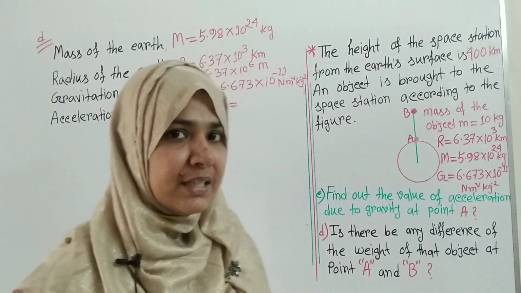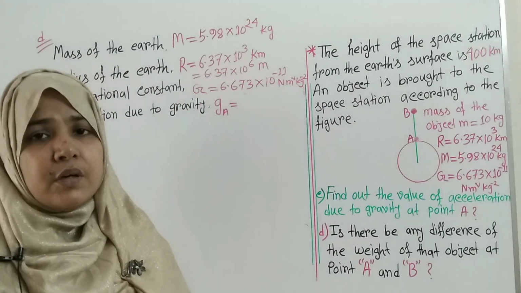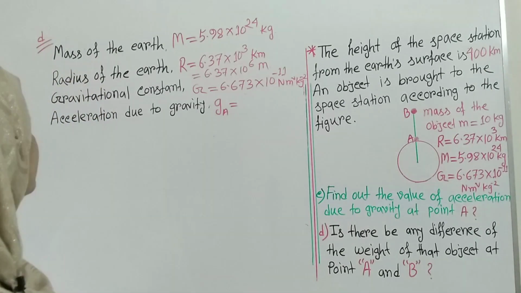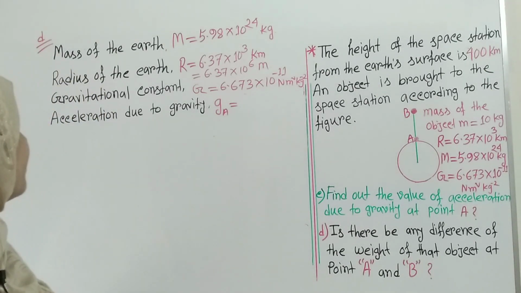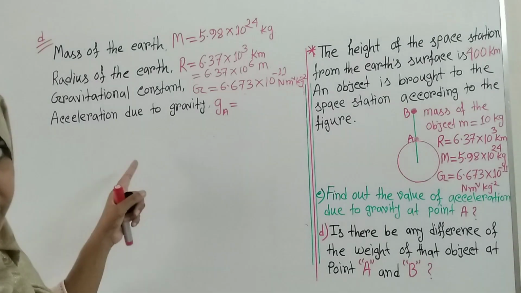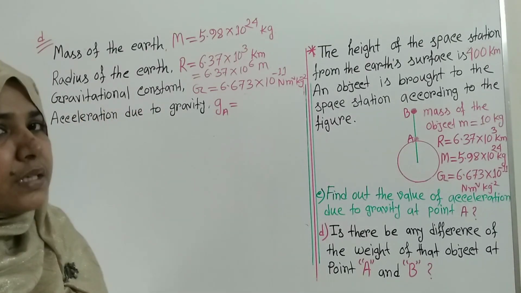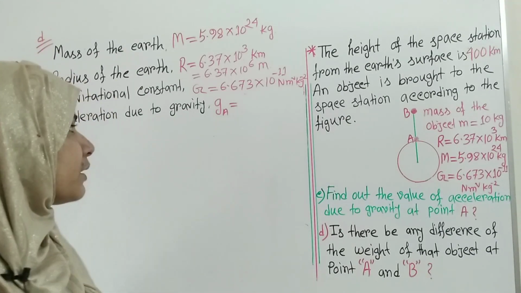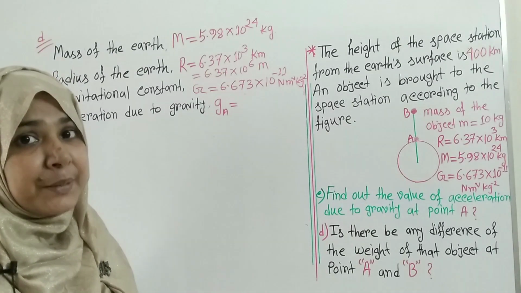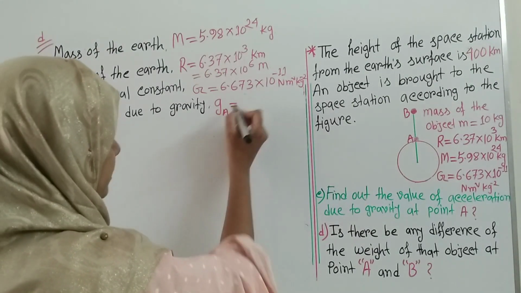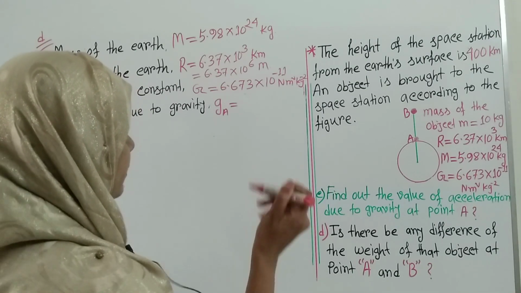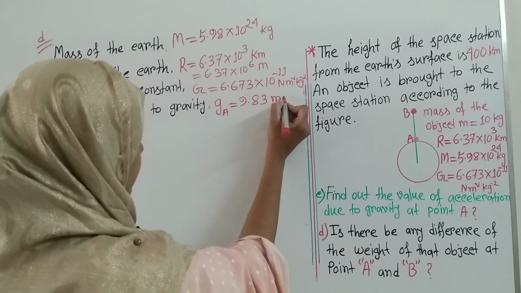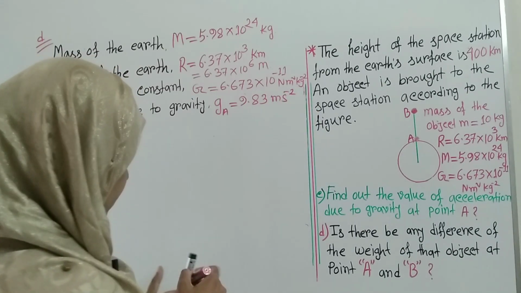So, for question D, the given information which we have already discussed in question C is that the mass of the Earth, radius of the Earth, and gravitational constant are already given. And from C, we got the value of acceleration due to gravity at point A is 9.83 meter per second square.